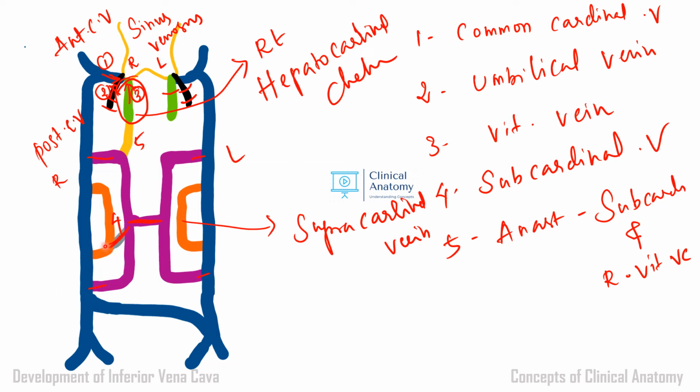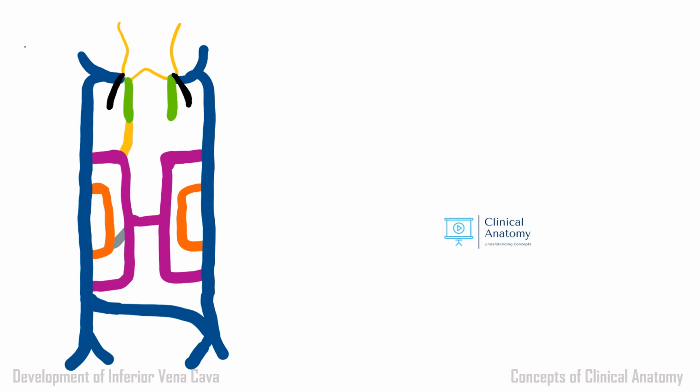This is the anastomotic channel which develops between the supracardinal vein and the subcardinal vein. In the adult life, most of these veins will regress. Predominantly the vein which is present on the right side will persist in the adult life to develop the inferior vena cava. Thus, most of the veins on the left side will disappear.